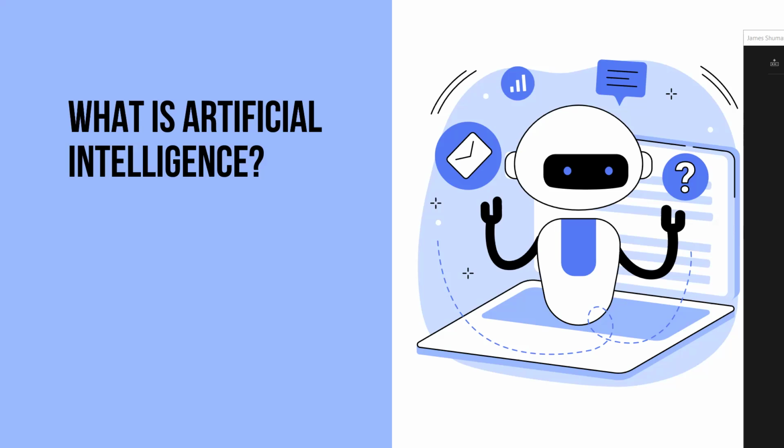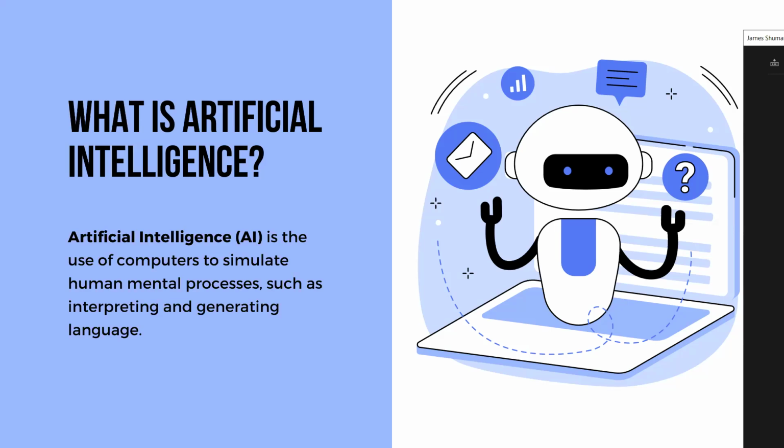I want to show you the very high-level relationship between all of these key terms. So let's begin here. Artificial intelligence is the use of computers to simulate human processes such as interpreting and generating language.